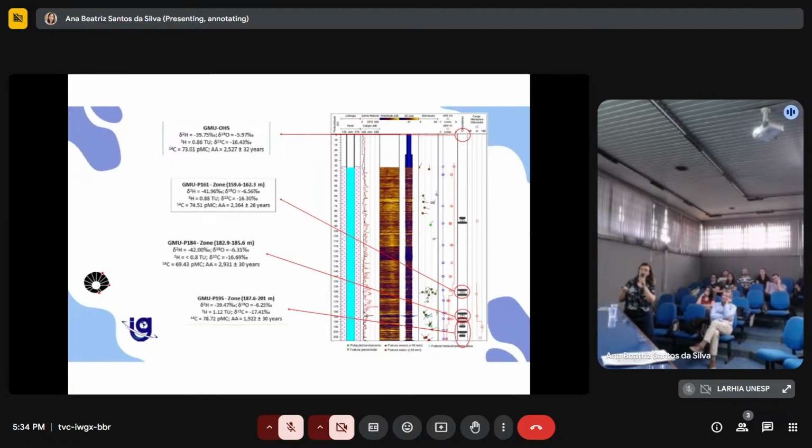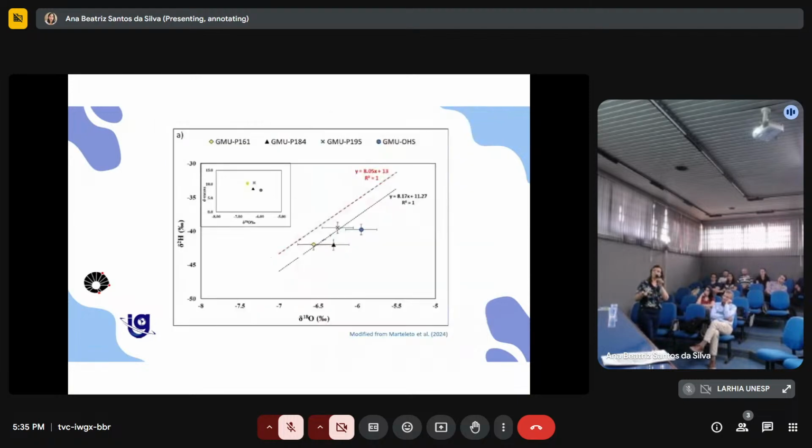So with these results, we thought, well, let's estimate the mixture then. Let's just use the stable isotopes and estimate the mixture. And this is what comes next. I modified this from the data that is published in the articles because I wanted to emphasize this thing about the mixture. So I erased some of the data for the other wells, and I'm showing you only the data for this specific well.